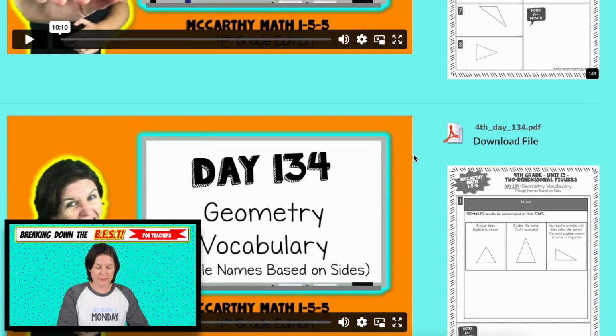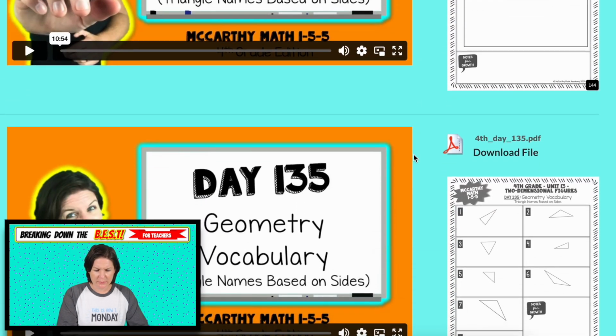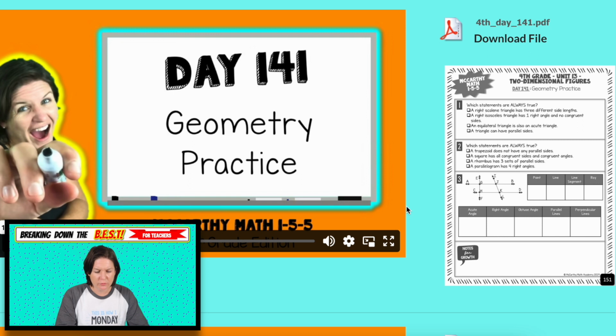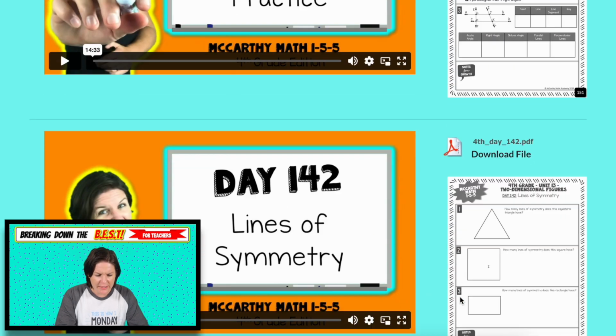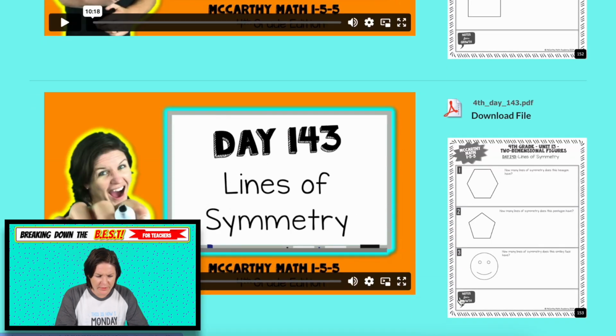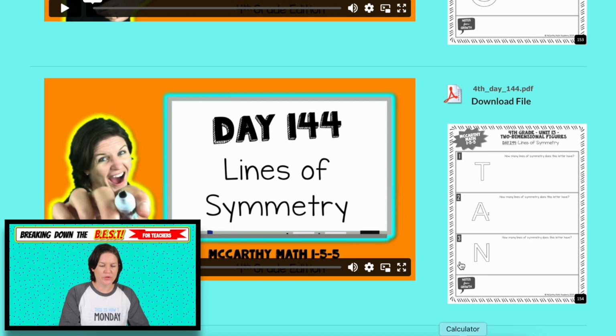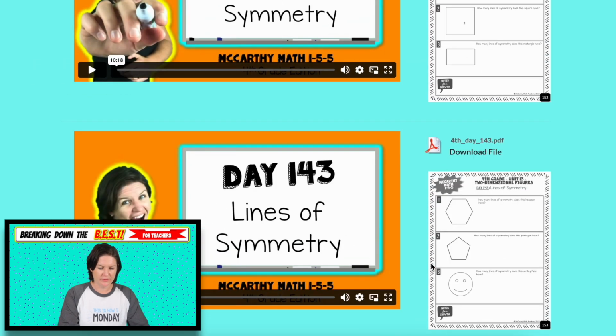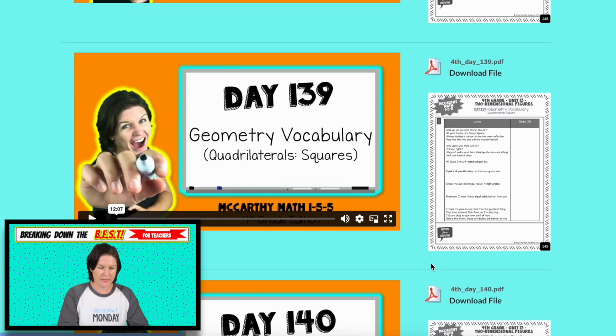If we keep scrolling, let me see. Day 141 might help you too, just identifying an acute angle, a right angle, obtuse, stuff like that. And then we've got lines of symmetry. So there's a little bit of practice there for this one.